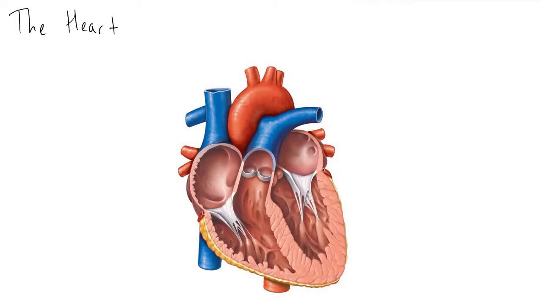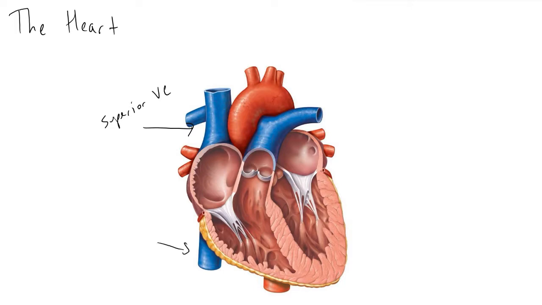In this video, I'm going to be discussing the heart and specifically the flow of blood through the heart. And the very first place we're going to start is where all of the deoxygenated blood is coming from. And there are two main sources of this. The first source is called the superior vena cava, and its job is to deliver all of the deoxygenated blood from the upper half of the body.